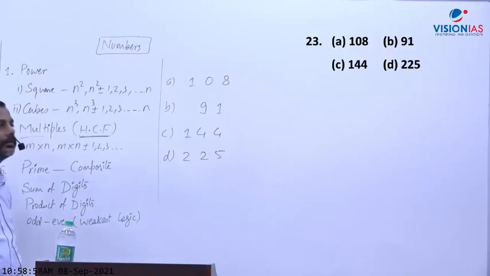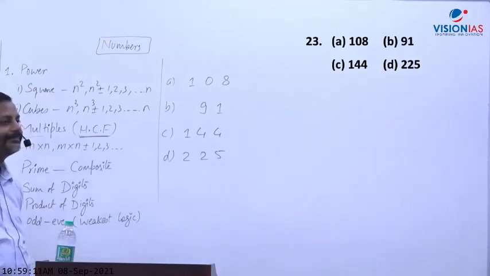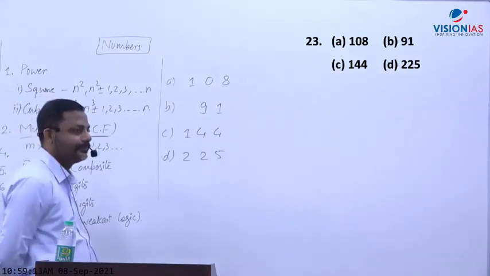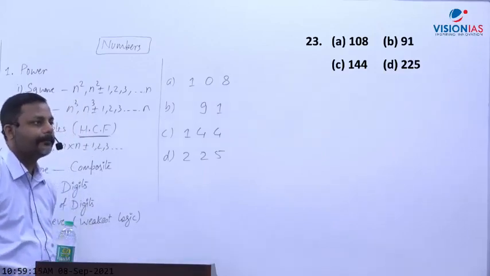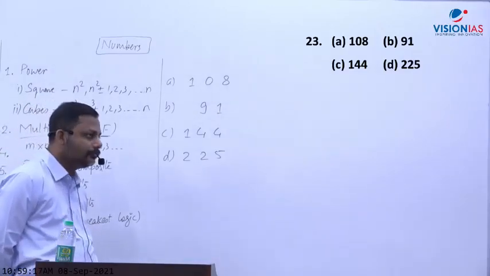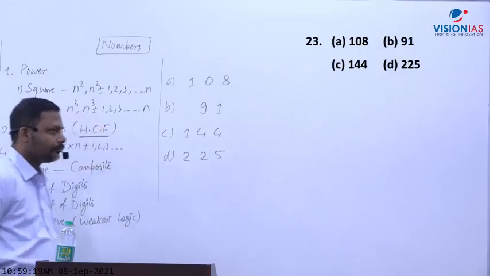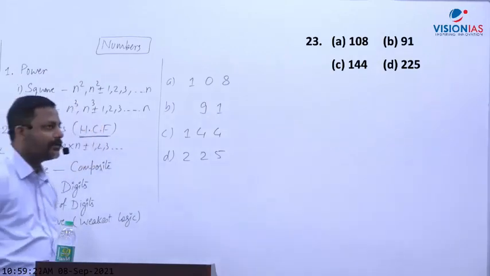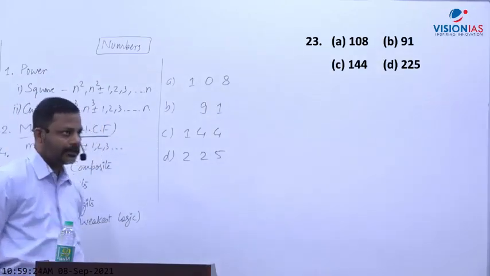C. Okay. 91, product of prime numbers. Okay. B. Nadeem, why C? Why are you saying C?